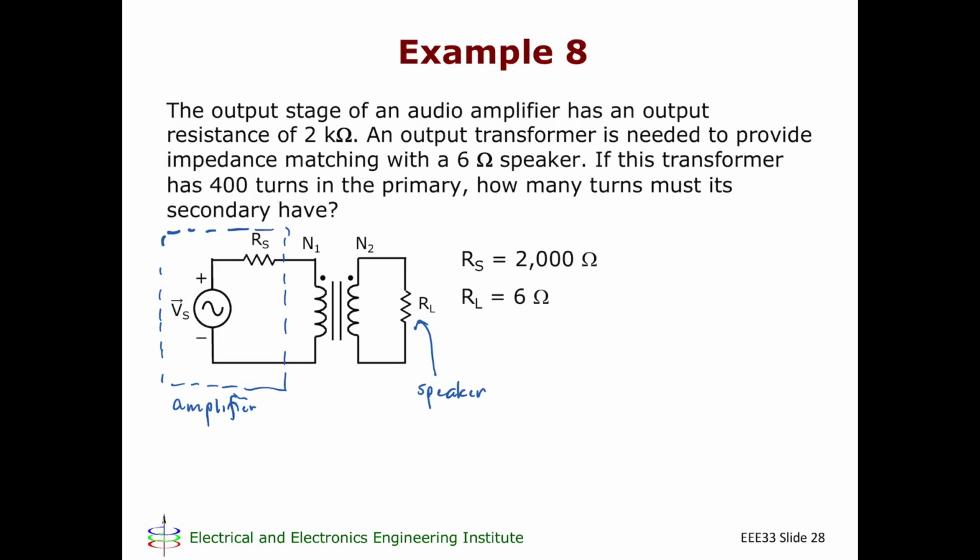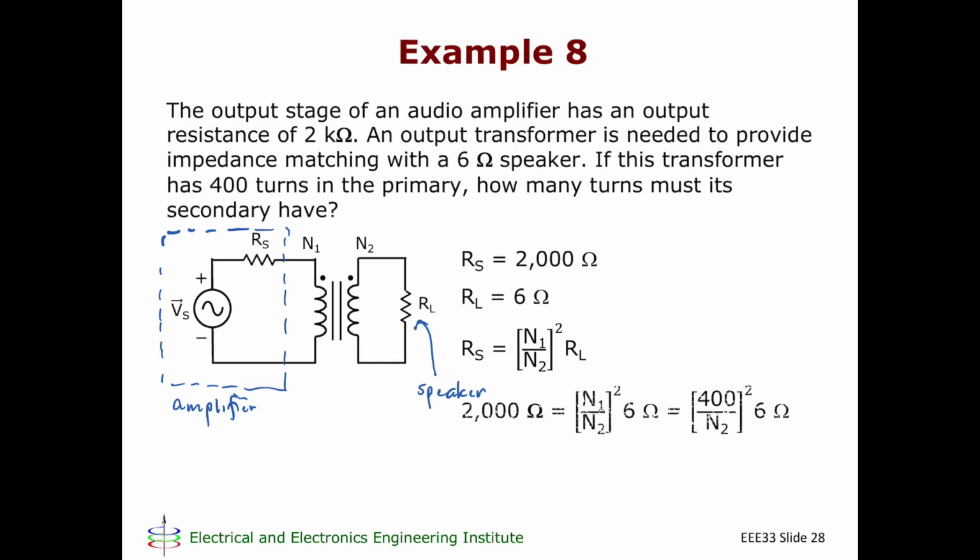So Rs is equal to 2K, RL is equal to 6 ohms. We have to make the value of RL referred to the primary equal to Rs. And you do that using the formula Rs is equal to (N1 over N2) squared times RL.